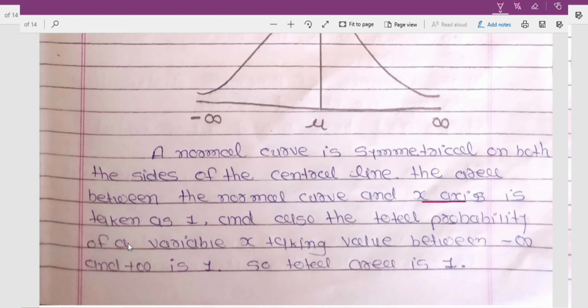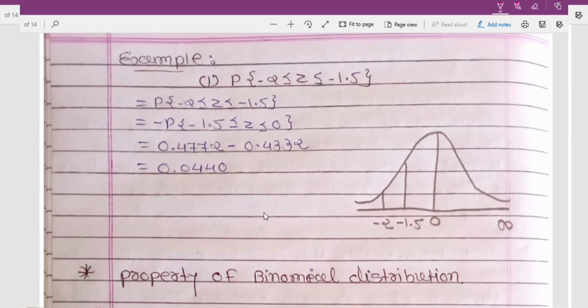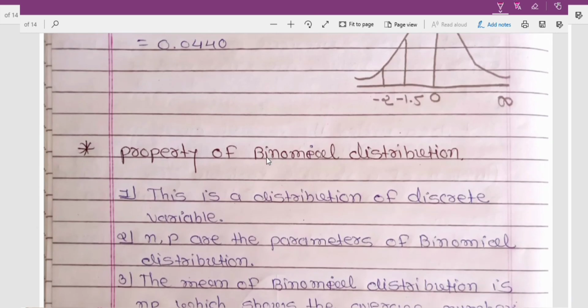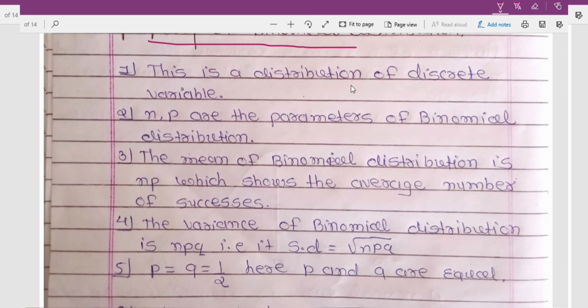The area between the normal curve and the x-axis is taken as 1, and also the total probability of a variable x taking values between minus infinity and plus infinity is 1. So the total area is 1. Then we can see an example of normal distribution, and then the properties of binomial distribution.